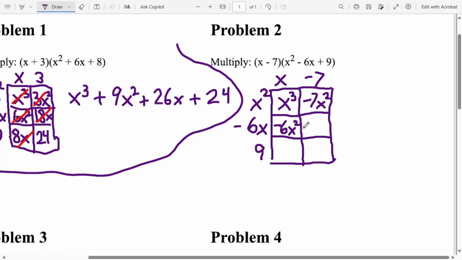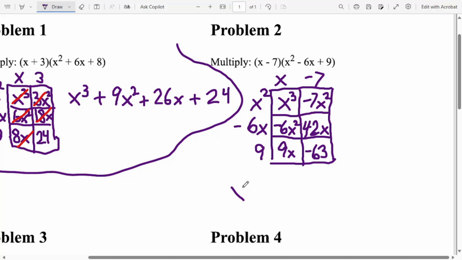Negative 6x times negative 7, I get a positive 42x. X times 9, I get 9x. And 9 times negative 7, I get negative 63. Okay, so now I'm going to write this out and combine like terms.